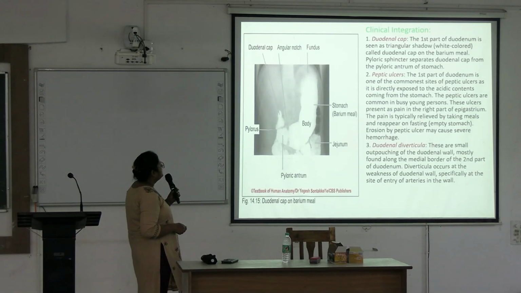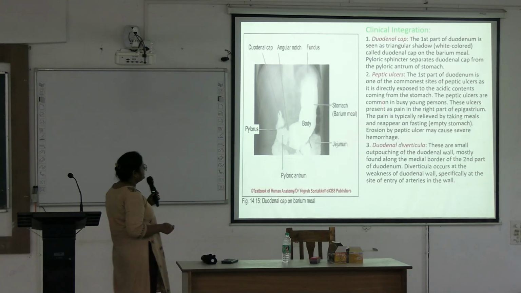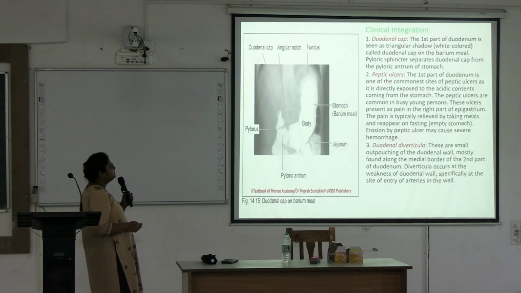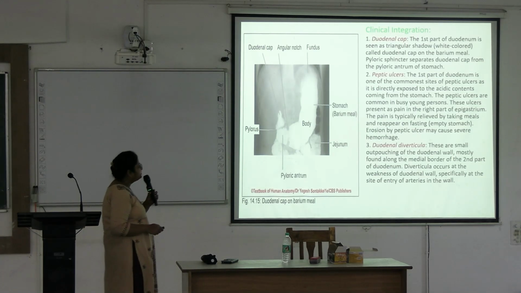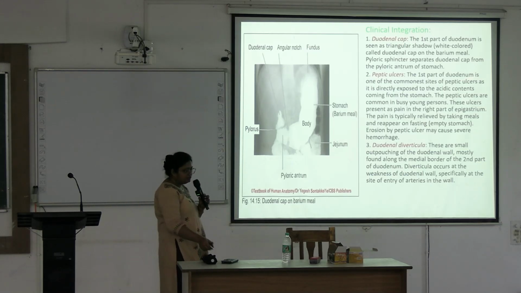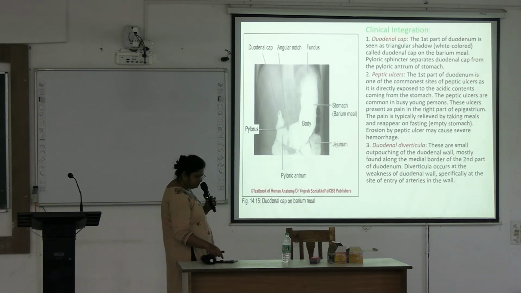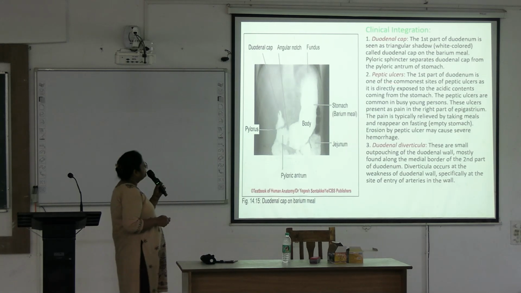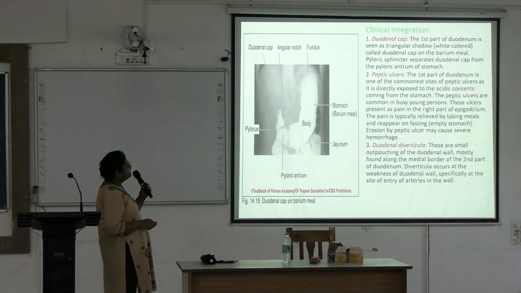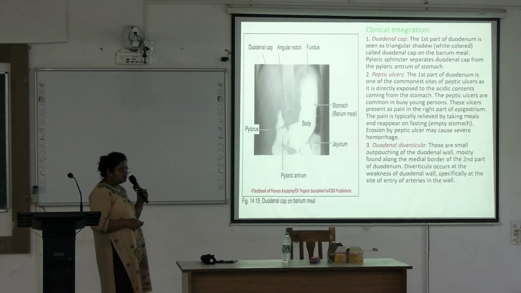Okay. Next, we are going to peptic ulcer. The first part of the duodenum is one of the commonest sites of peptic ulcer as it is directly exposed to the acidic contents coming from the stomach.